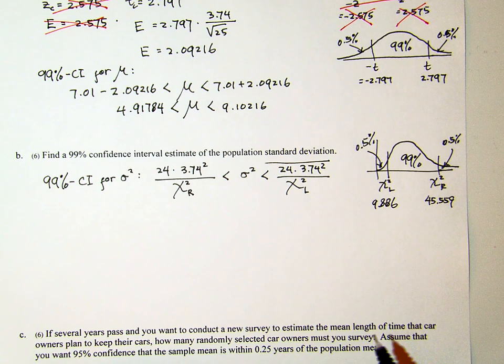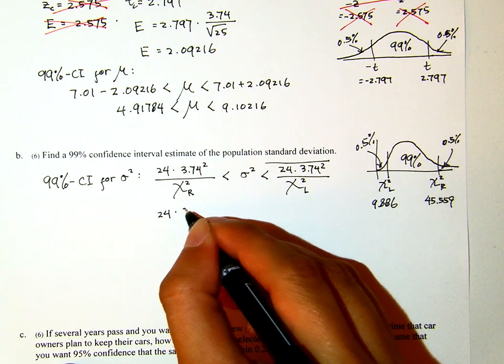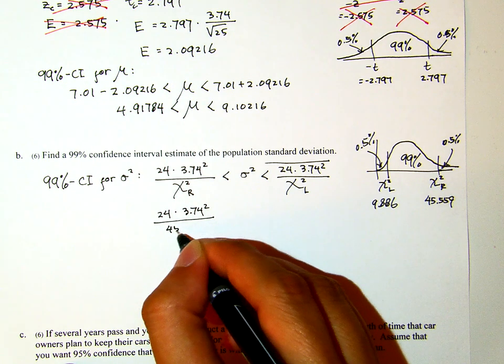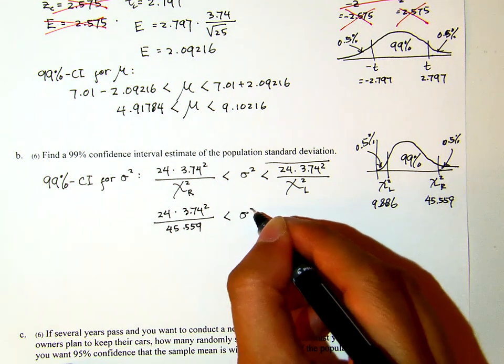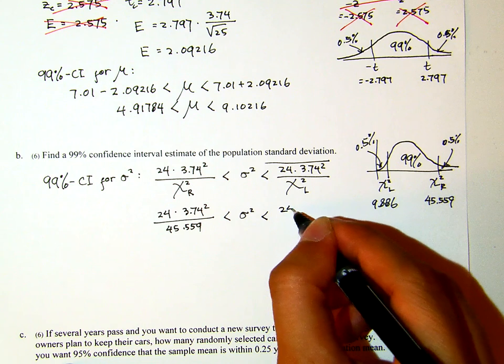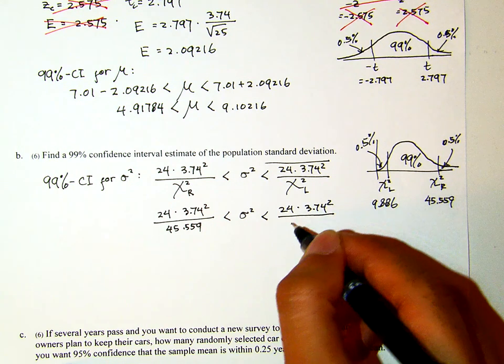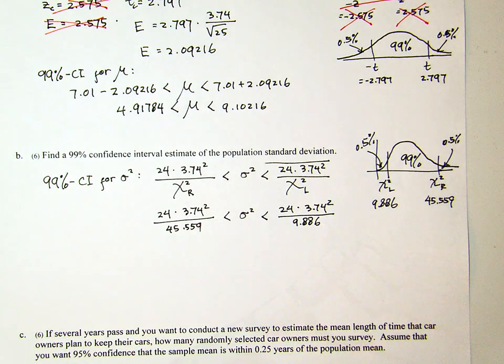Okay, now I will put the numbers in. This is 24 times 3.74 squared over 45.559 less than sigma squared less than 24 times 3.74 squared over 9.886.